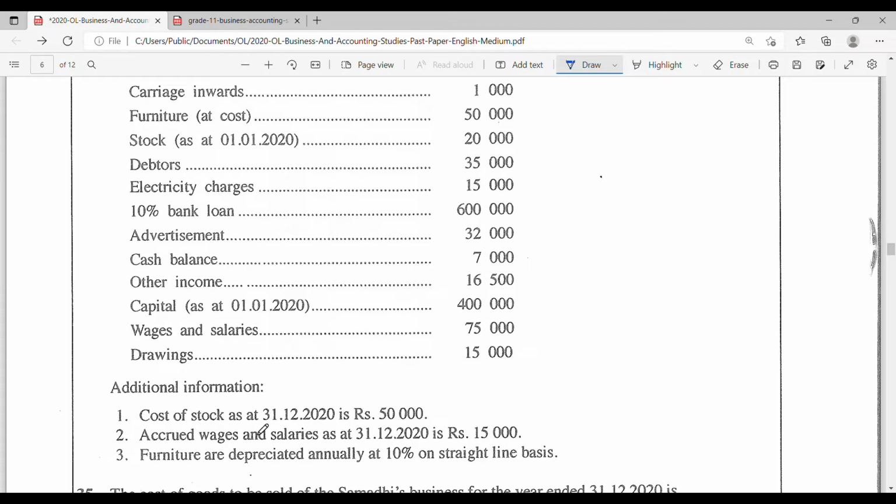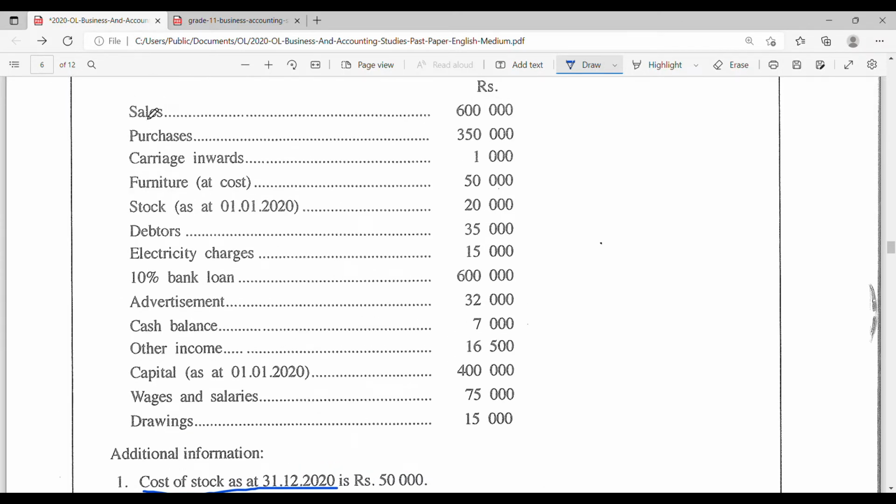So you have a closing cost of stock as at 31st December 2020 of 50,000. Accrued wages and salaries, rupees 15,000. Furniture to be depreciated annually at 10% straight line basis. Let's go through the line items.